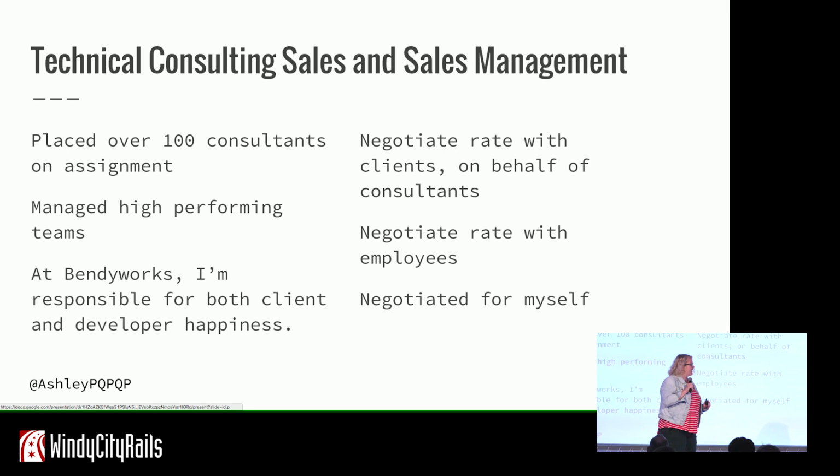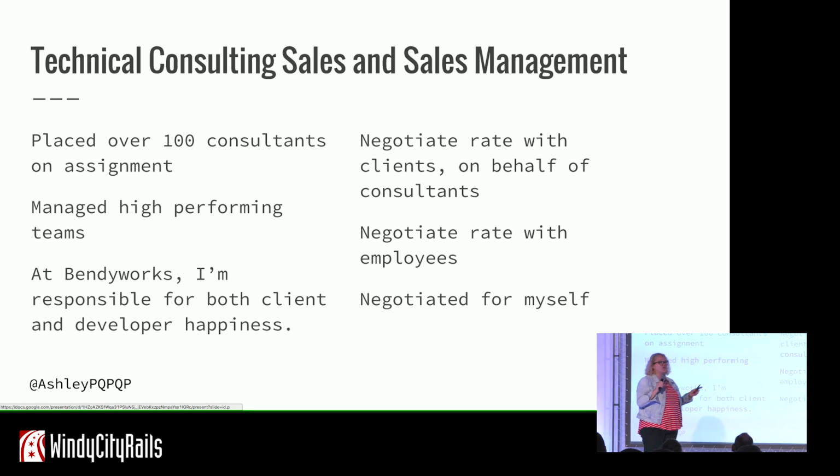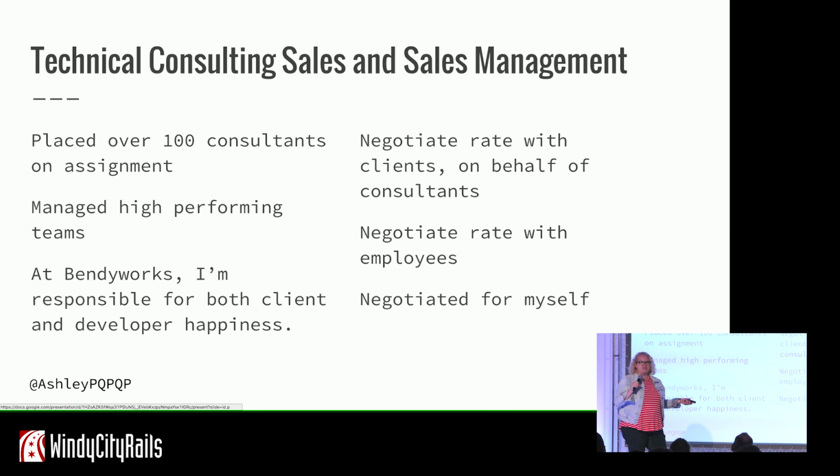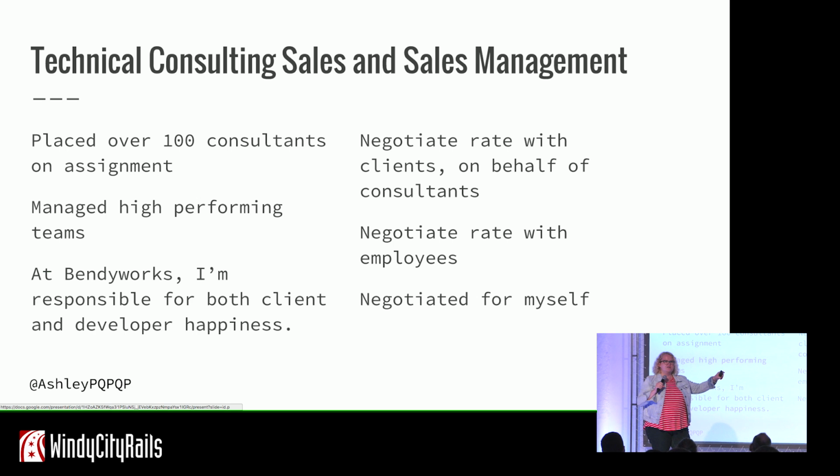So I've been in technical sales and sales management for about the last decade. I've placed over 100 consultants on assignment. I've managed really high-performing teams. At WindyCityRails, which is a consulting firm in Madison, we primarily do Ruby on Rails and lots of JavaScript. We do good work. I'm responsible for two things, client and developer happiness.